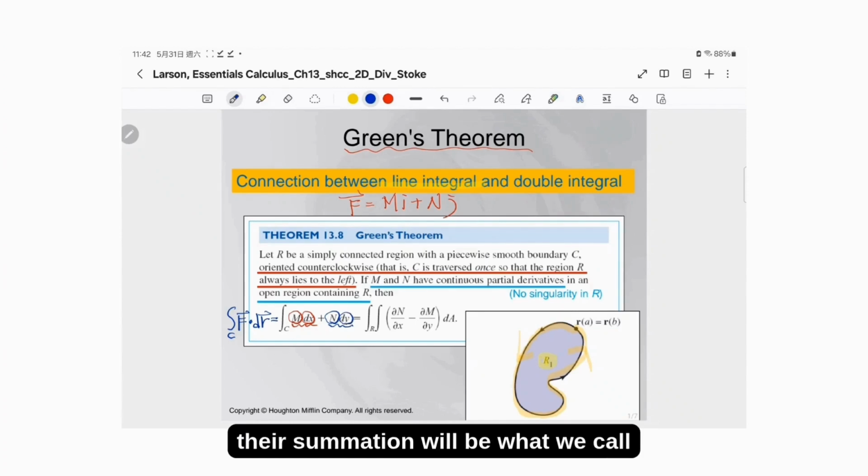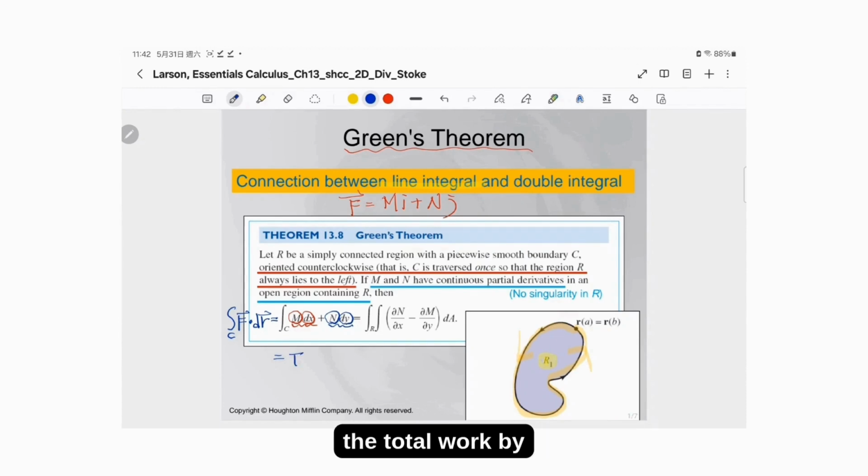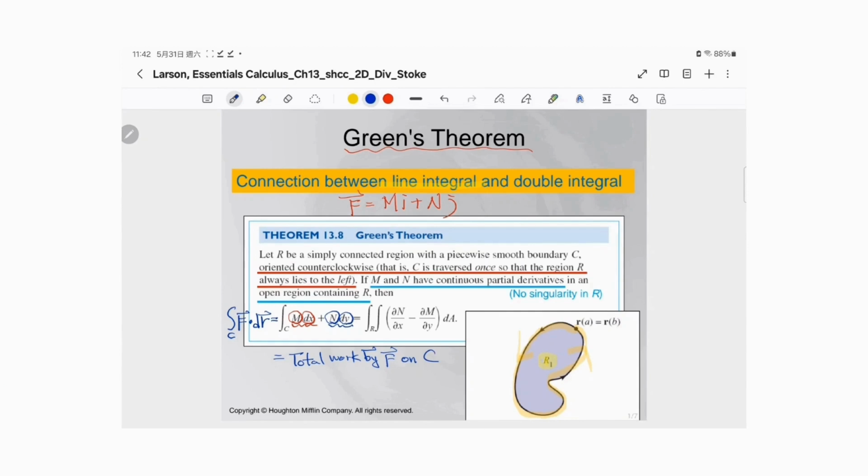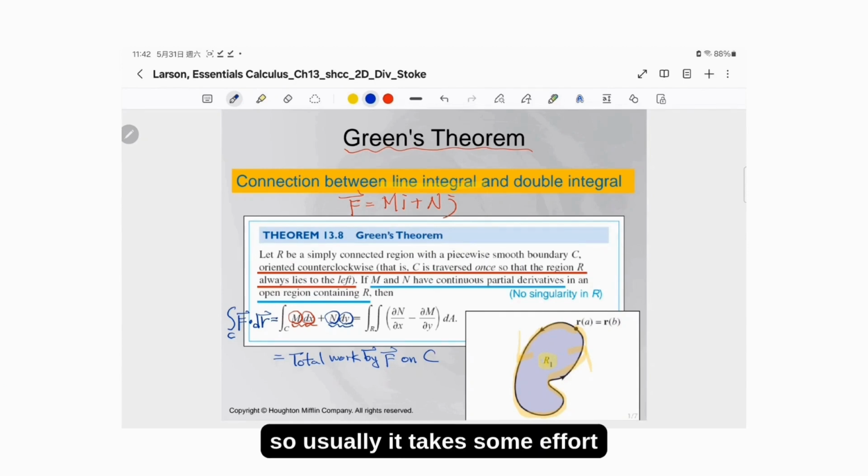Therefore, their summation will be what we call the total work by the force field on the integration path C.